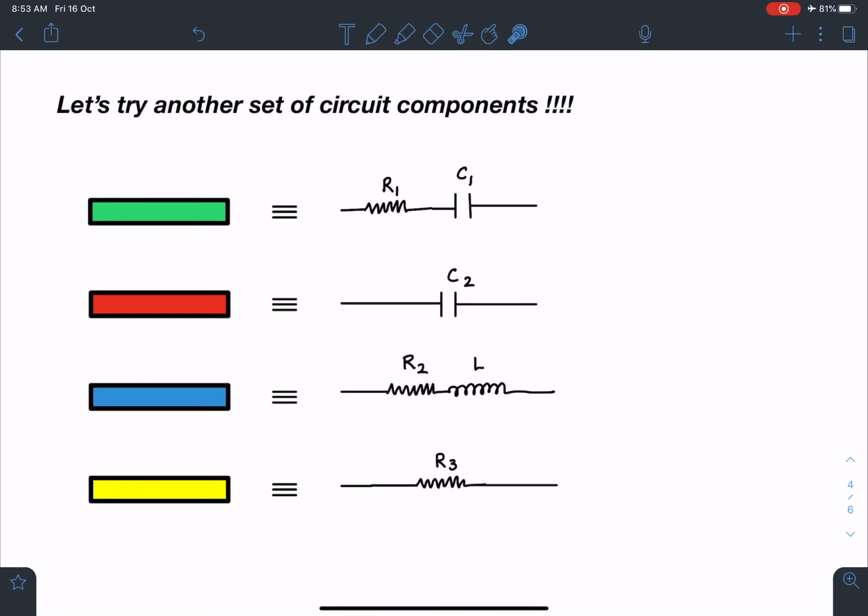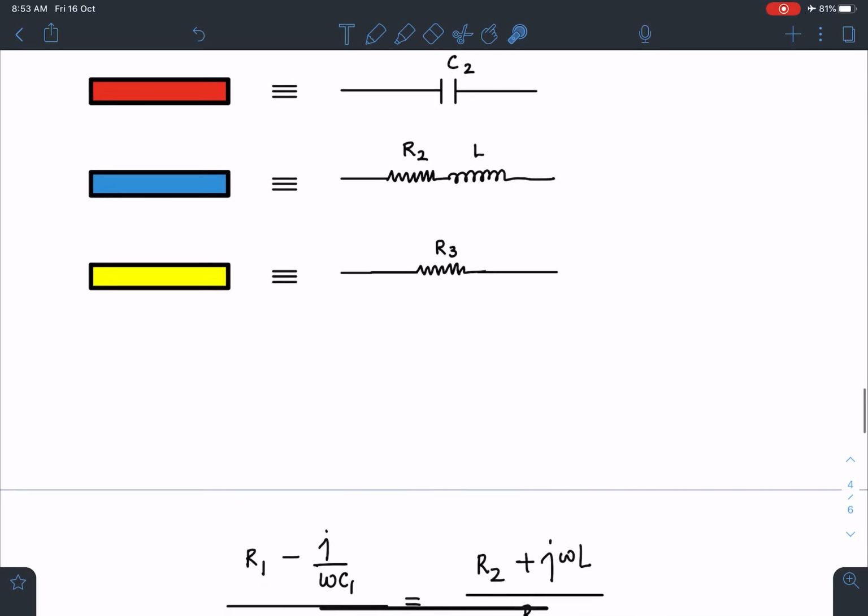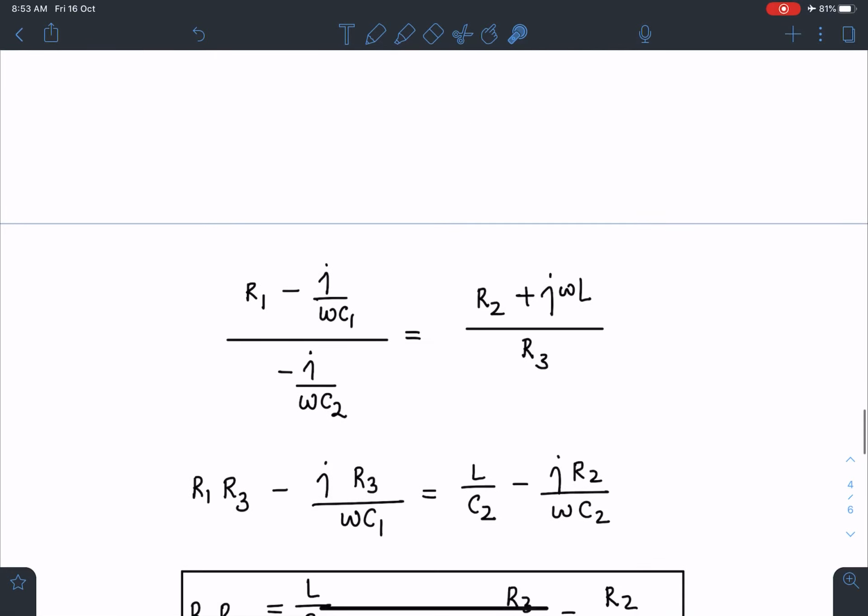So when I again apply Z1 by Z2 is equal to Z3 by Z4, I am going to get R1 minus j by omega C1, divided by minus j by omega C2, equal to R2 plus j omega L, divided by R3.